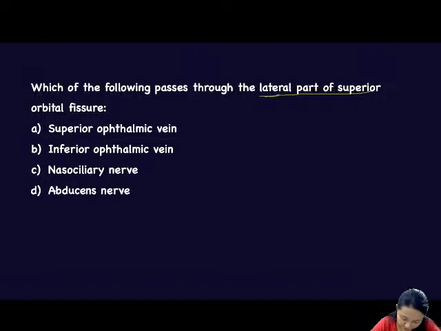Just now we have studied the superolateral compartment. So which of the following passes through the lateral part of the superior orbital fissure, that is, the superolateral compartment? Anybody in the chat box who wants to answer this?